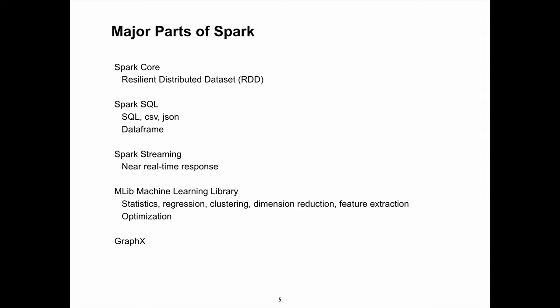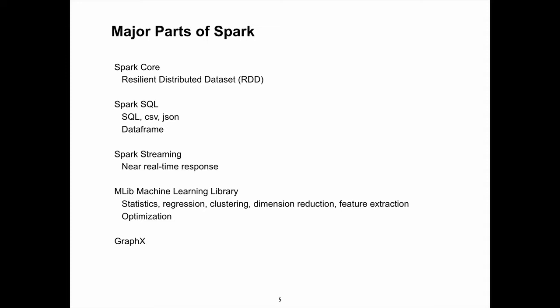Spark has a number of different major components. The Spark Core, which is mainly the initial version of Spark with the resilient distributed dataset. The Spark SQL, which is now the preferred way of using Spark, and we'll see why as we go along.